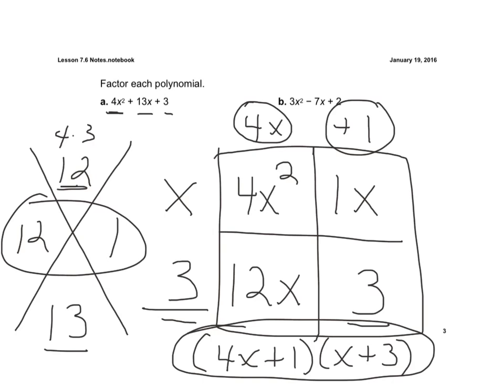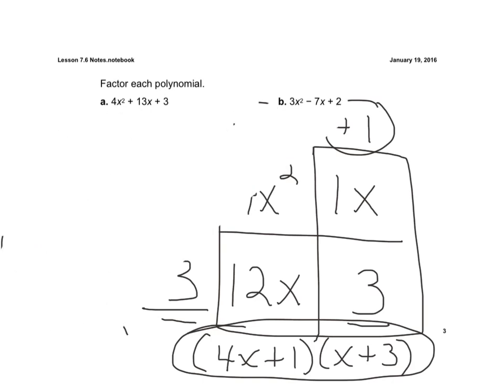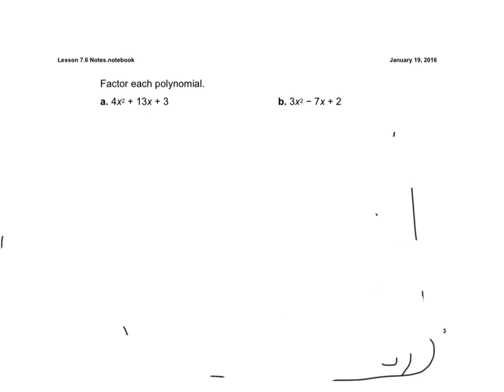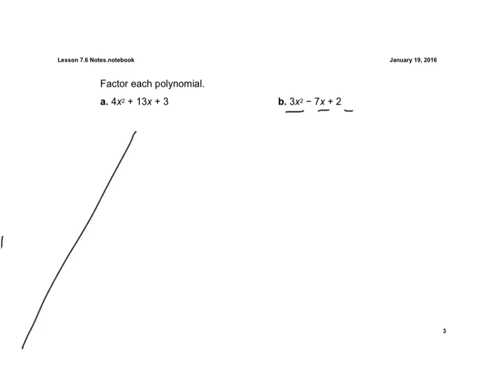So if we look at example B here, again, we look at this one. The 3 is not common in all three terms, so again, that tells me I'm going to use the x box. So I have to take the 3 times the 2, and that gives me 6.